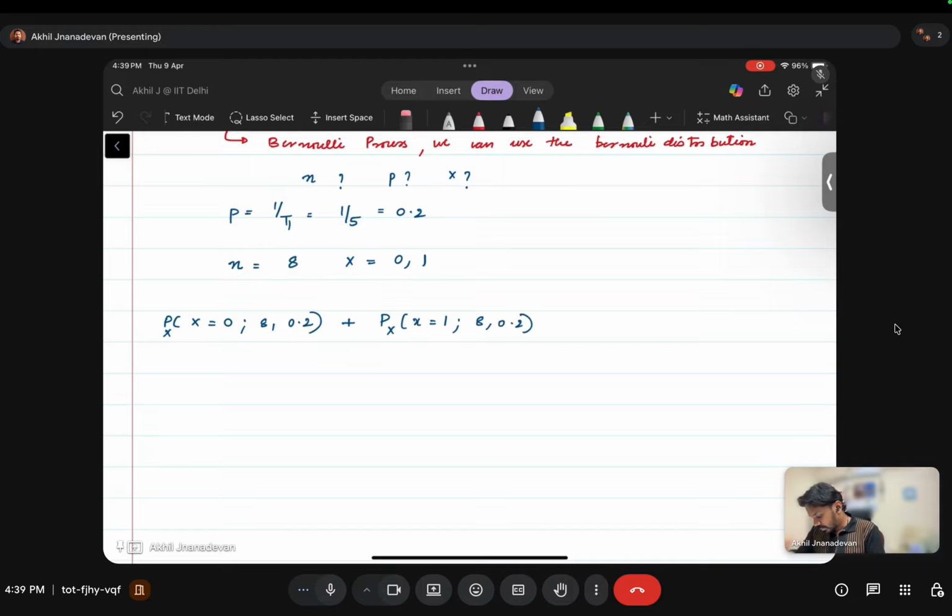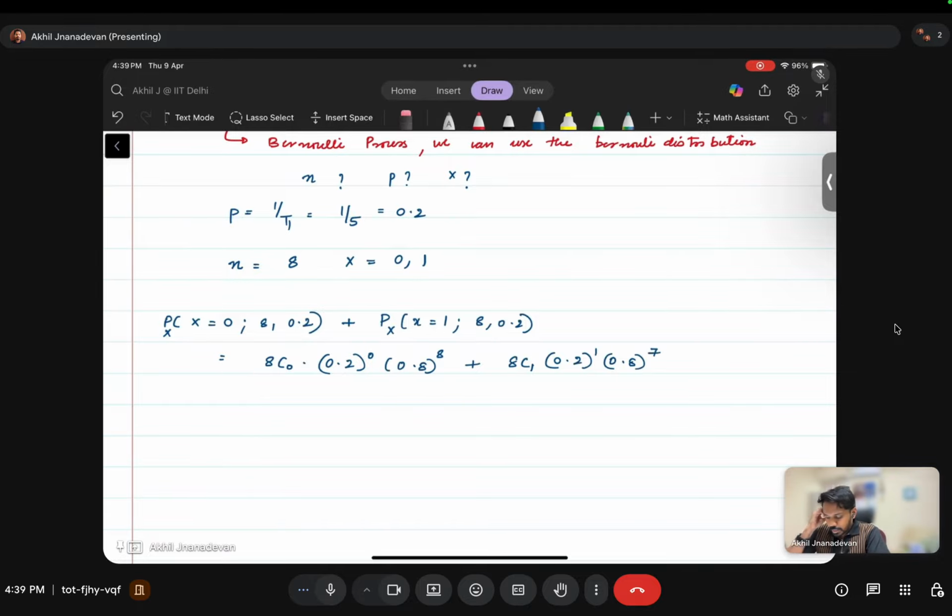So we can write it as 8C0 into 0.2 raised to 0, into 0.8 raised to 8, plus 8C1 into 0.2 raised to 1, into 0.8 raised to 7, right?